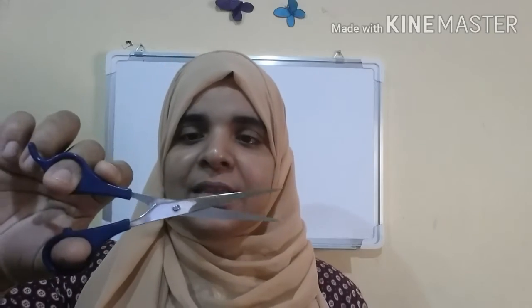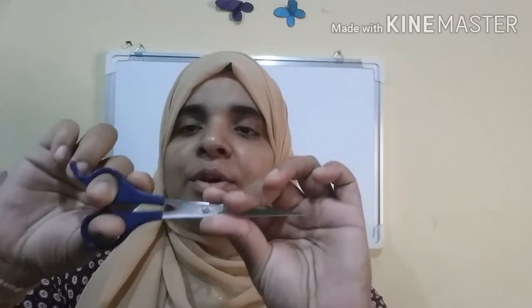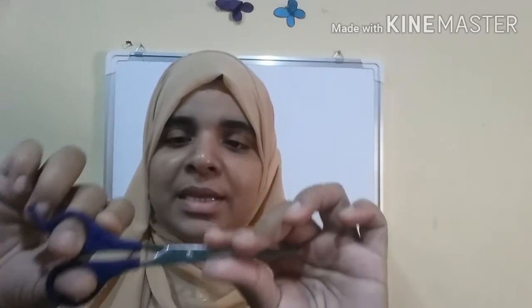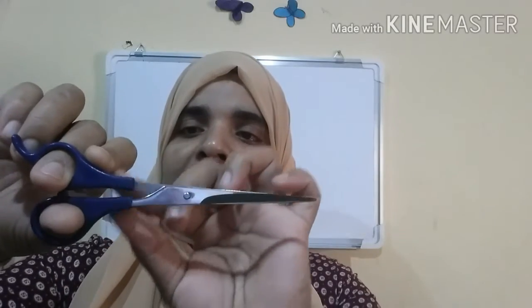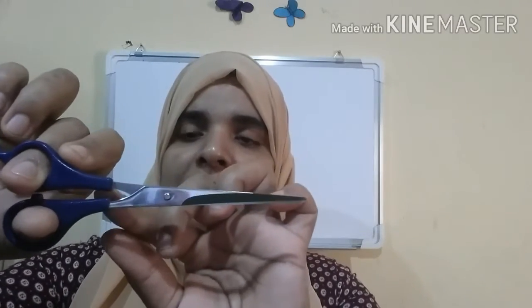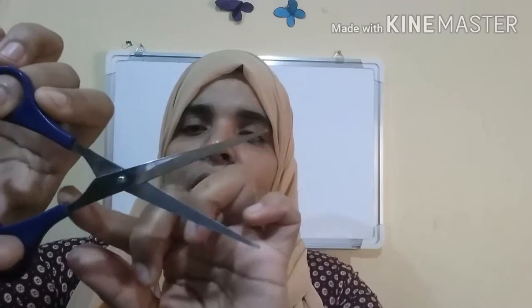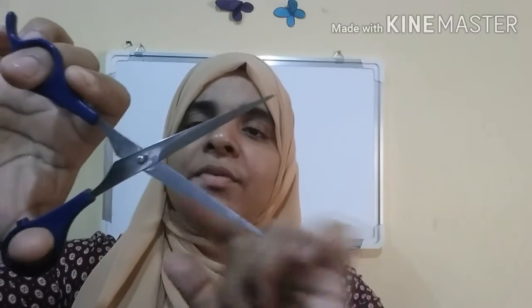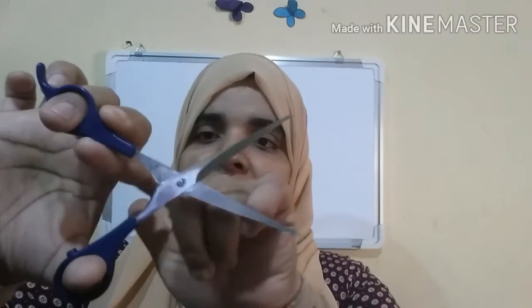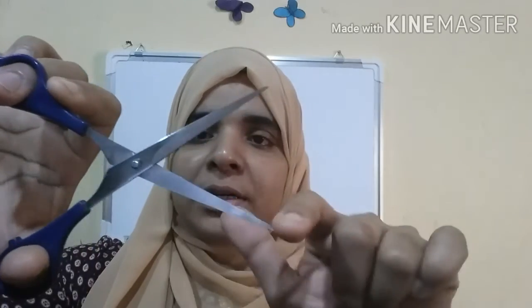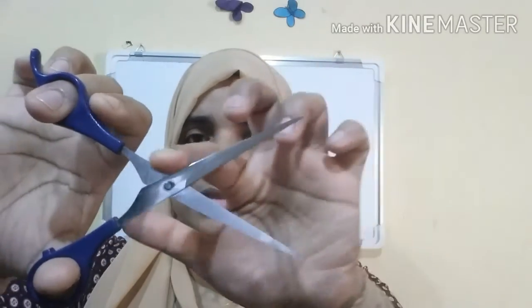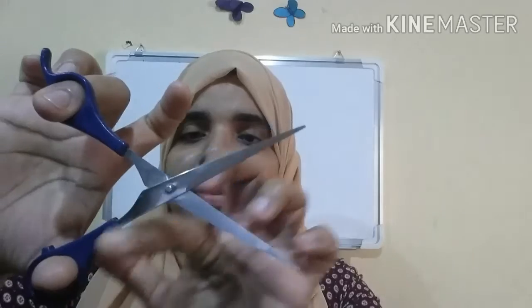Here I have one scissors. Okay, this is the very good example for the vertically opposite angle. When I am widening this handle of this scissors, they will form two pairs of vertically opposite angle. Which are they? This is the first pair, and this is the second pair.